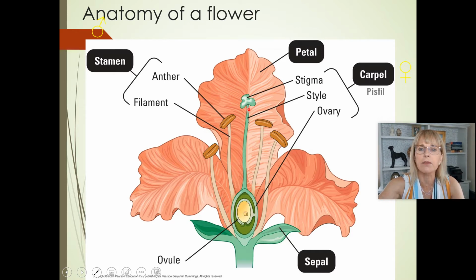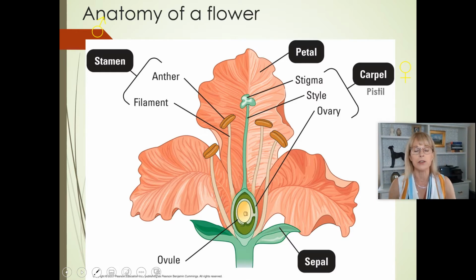This long stem kind of thing is called the style, and the stigma is the place where pollen will arrive, and it is designed to be sticky, so the pollen that gets put there will stay there. So stigma, style, ovary. In the ovary, we will find the ovule. Ovules are just out in the open when it comes to the gymnosperms. They're naked. Here in a flowering plant, the ovule is hidden inside of the ovary.